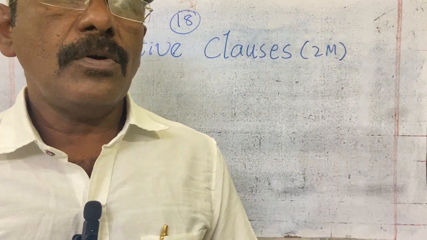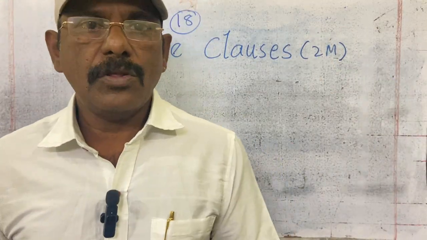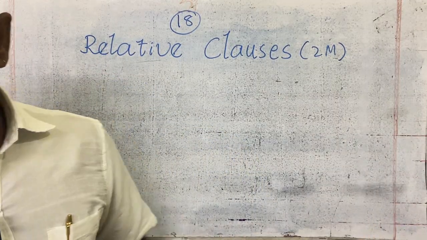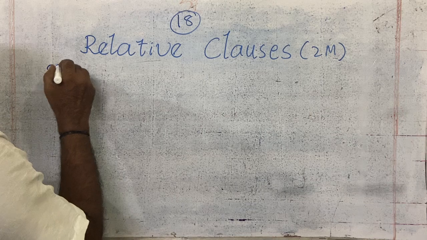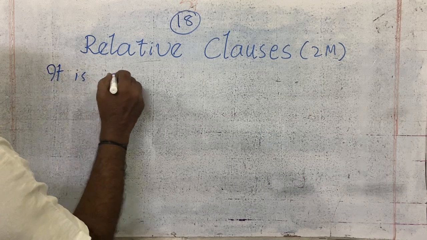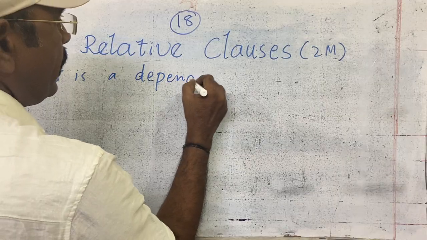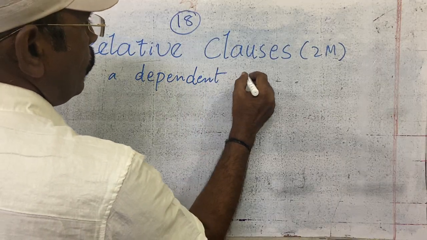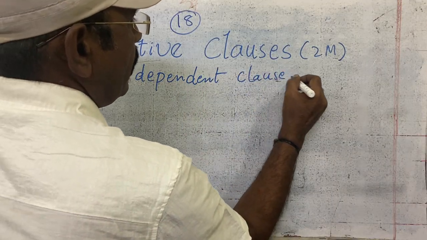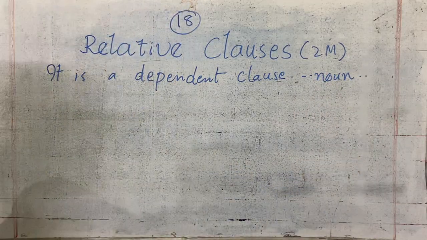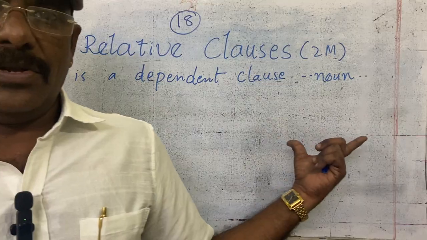We have main clauses and subordinate clauses. A relative clause is a dependent clause. It is modifying the noun and giving certain information.